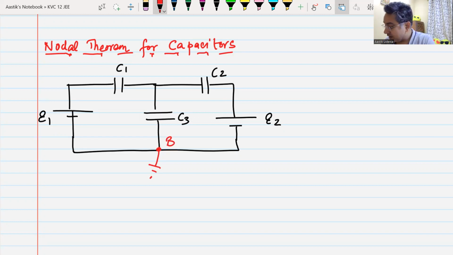This is point B, and this is point A. And again, I have grounded point B, so the potential of point B becomes 0. And I can call the potential of point A as VA. I'll give you 2 minutes to think of how I'm going to apply the Nodal theorem. As you can see, it is exactly the same configuration that I have done for resistance.